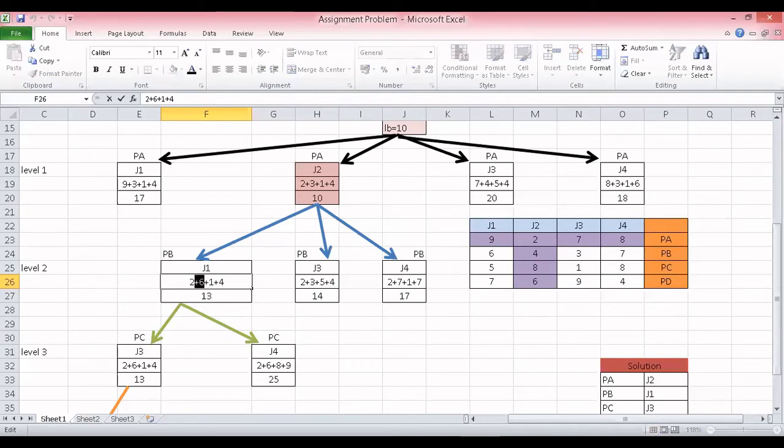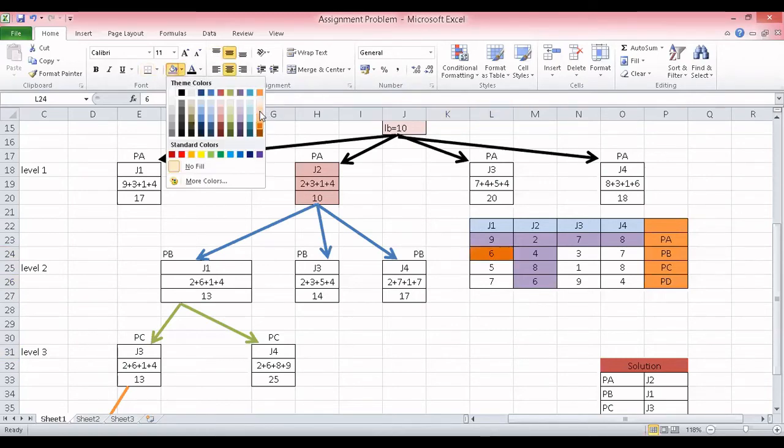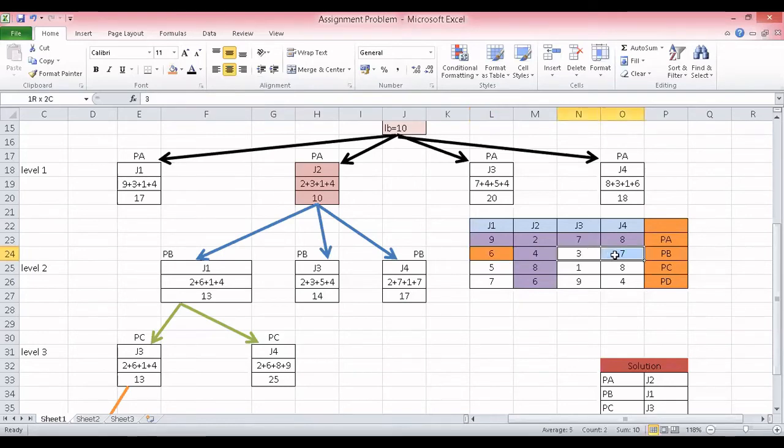Coming to person B, when person B is assigned job 1, we'll highlight this with a different color, orange. This is the person B row. Now forget about the purple color, we are not going to alter it at all because job 2 and person A are finished.